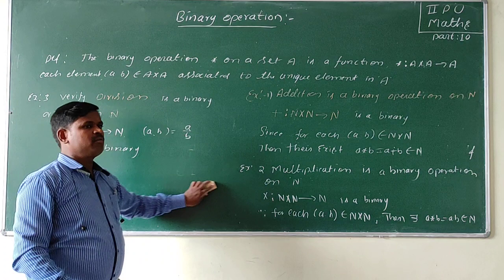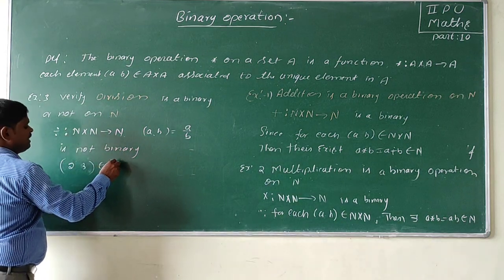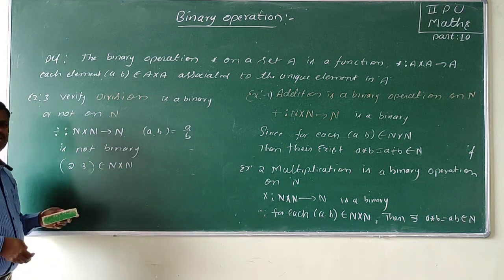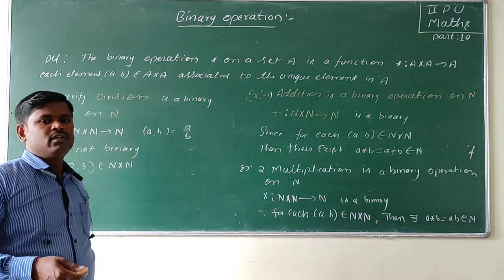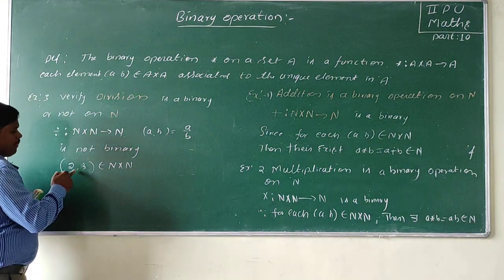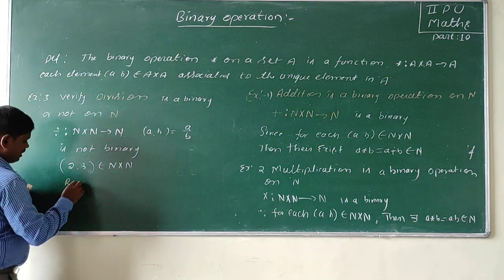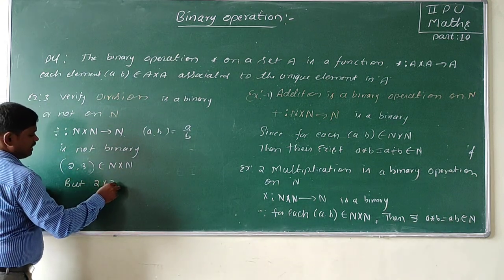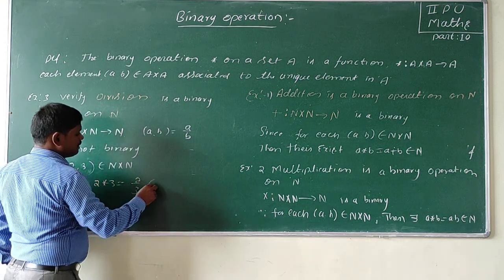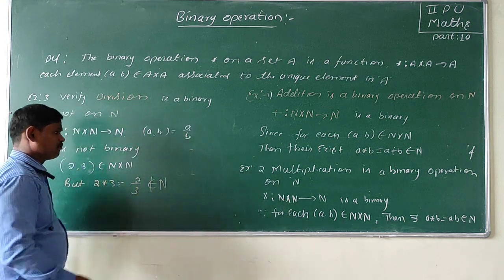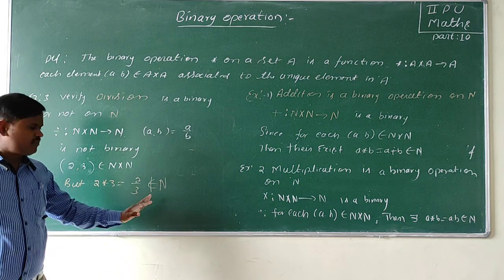For example, I take (2, 3), an element in N cross N. Whatever values you take, (2, 3), (1, 3), (1, 5), (2, 7), they belong to N cross N. But 2 star 3 is nothing but 2 by 3, which does not belong to natural numbers.